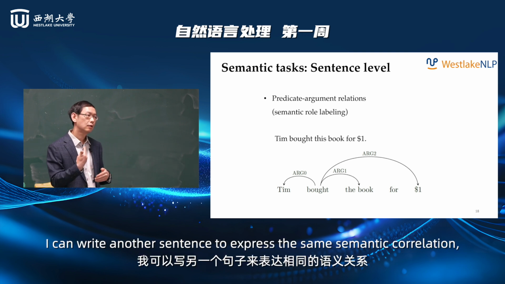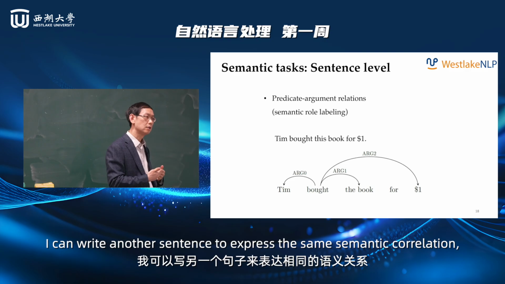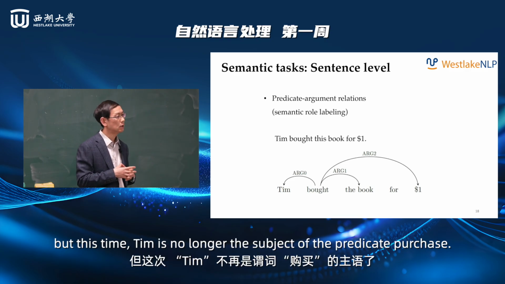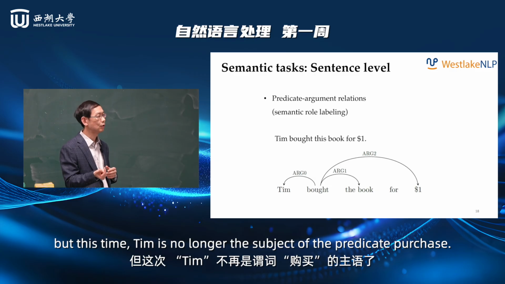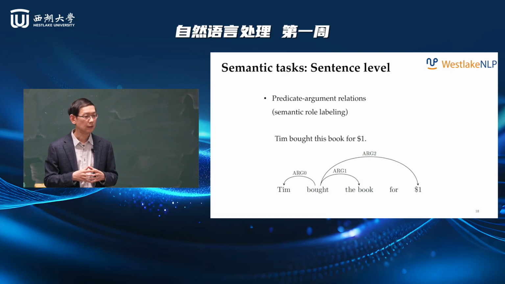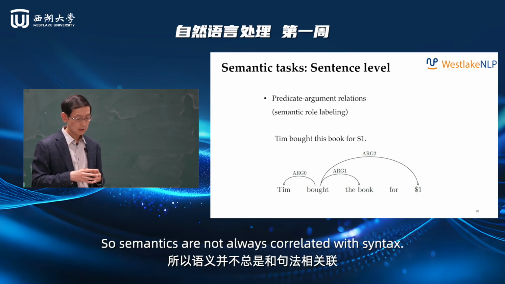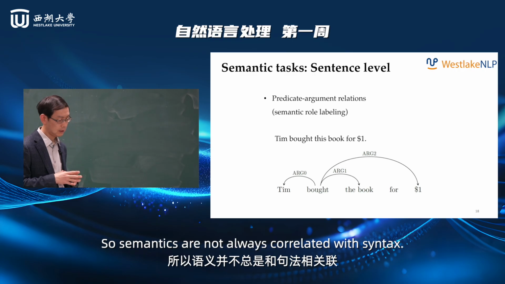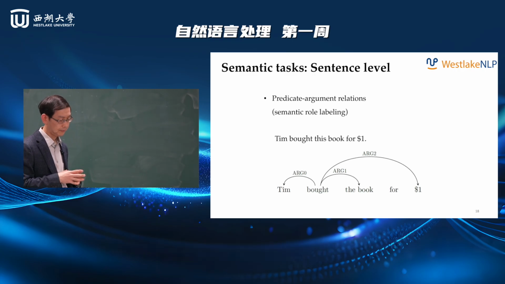I can write another sentence to express the same semantic correlations, but this time Tim is no longer the subject, right, of the predicate purchase, right? So semantics are not always correlated with syntax.